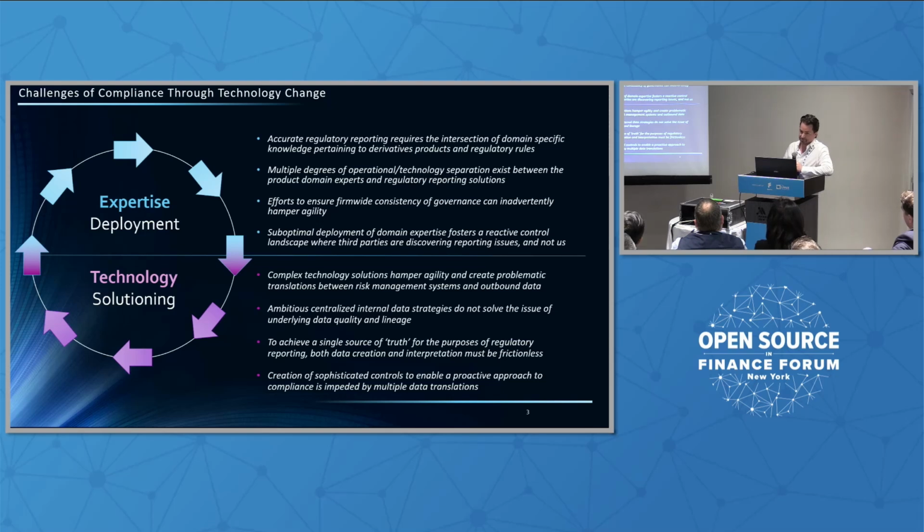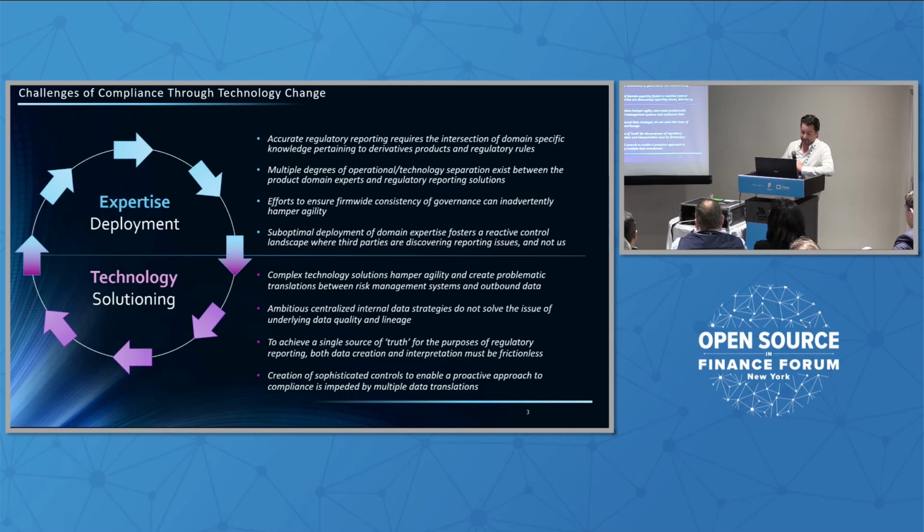Multiple degrees of operational and technology separation exist between those experts and the regulatory reporting solutions. Sometimes, as regulatory flows evolve within a firm, there'll be huge strategic efforts to create consistent governance firm-wide and consistent technology solutions firm-wide. That can actually end up hampering agility in the long term as well, from a governance perspective.